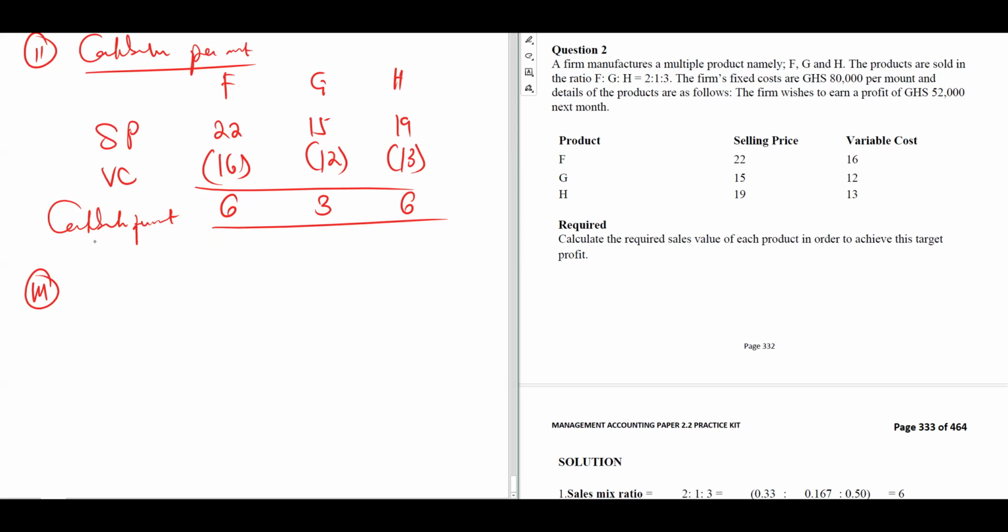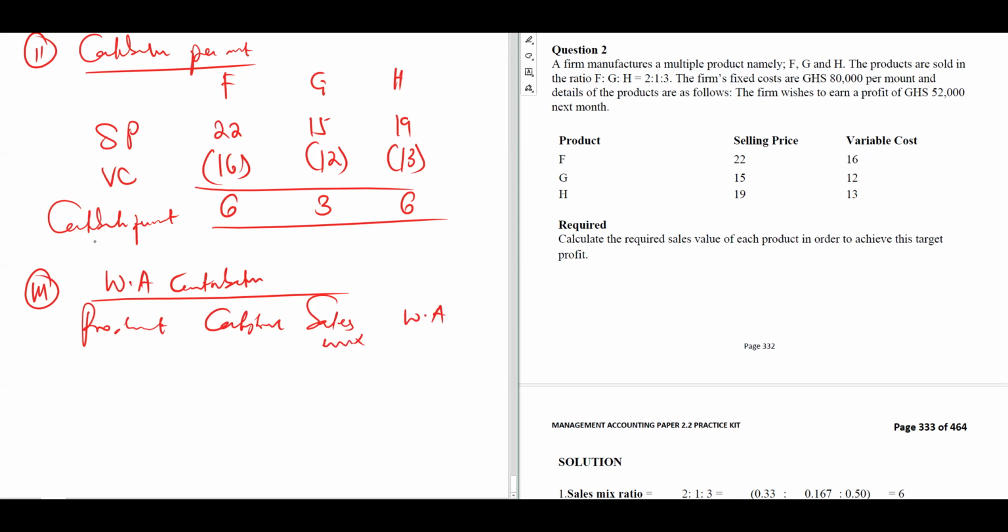So you determine the weighted average contribution. Weighted average contribution, thank you. So how do we get this? We just take our products, our contribution, and our sales mix, to get our weighted average contribution.